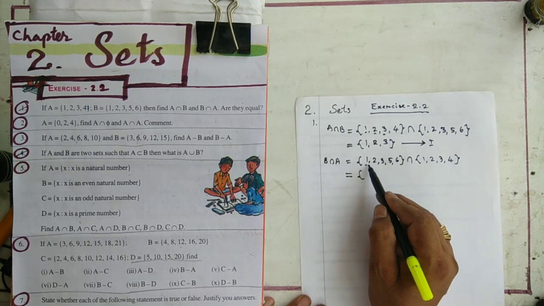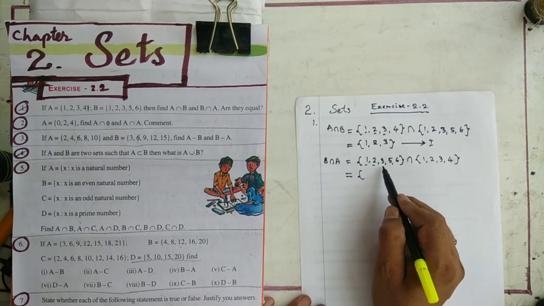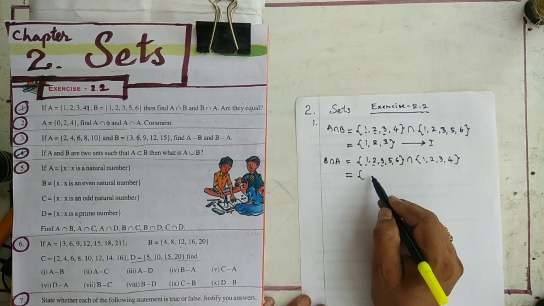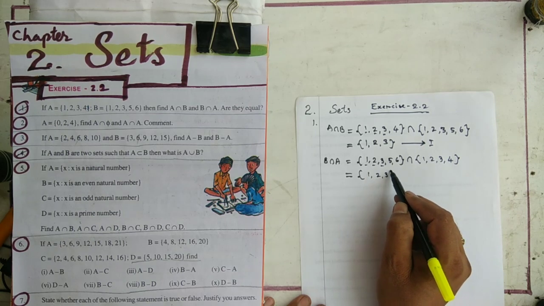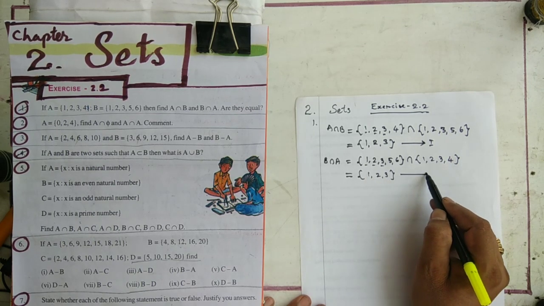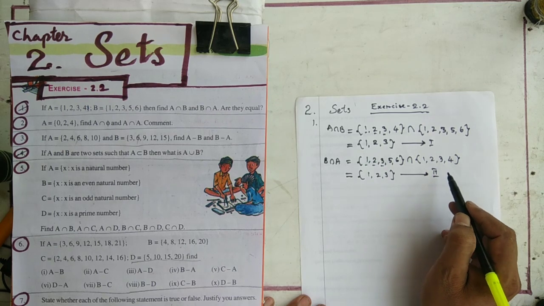In this, the common elements are 1, 2, 3. These are the only common elements: 1, 2, 3. This is the second result.